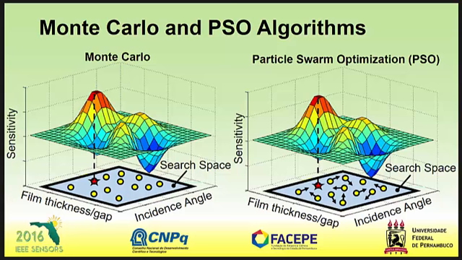Each point represents our decision variables, the parameters of the sensor that we want to optimize. So the Monte Carlo generates those numbers, evaluates the sensitivity at each point, and selects the best point, the point that has the highest sensitivity. And this process can be repeated as many times as you want.